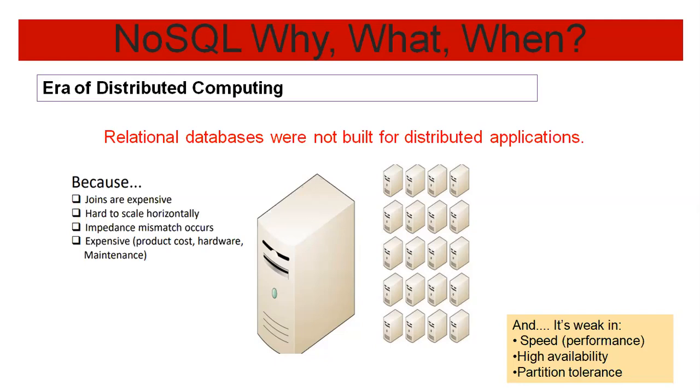And we have also studied the cost of join, cost of theta join, cost of natural join, cost of equi join, query processing and all. So in that case joins were very expensive. Horizontal scaling was also difficult with RDBMS. Impedance mismatch also occurs.